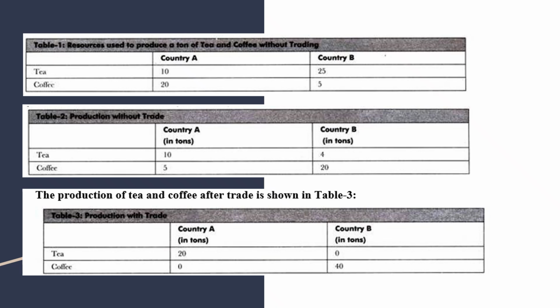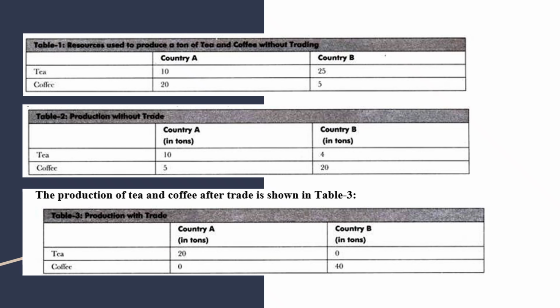Then the country A can give 5 tons of coffee, whereas country B can give 20 tons of coffee. So in turn, totally we are ending up with 39 tons of total products.